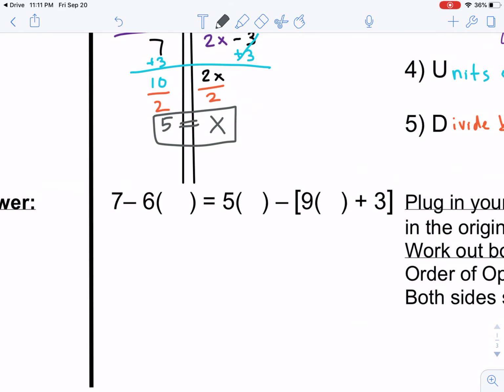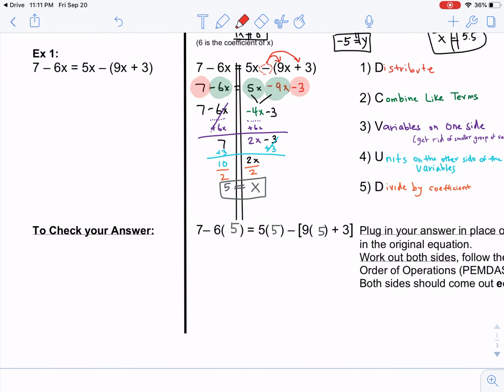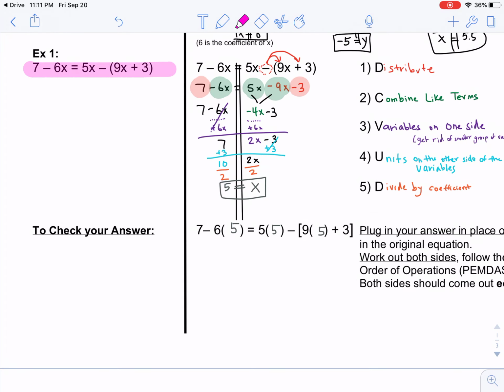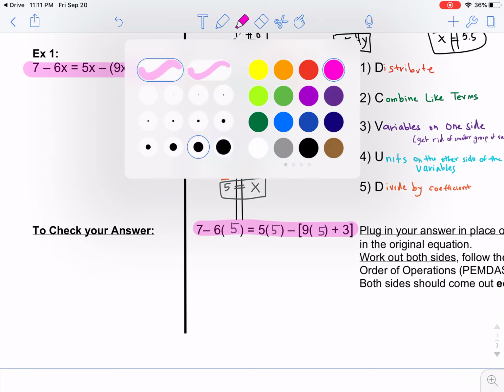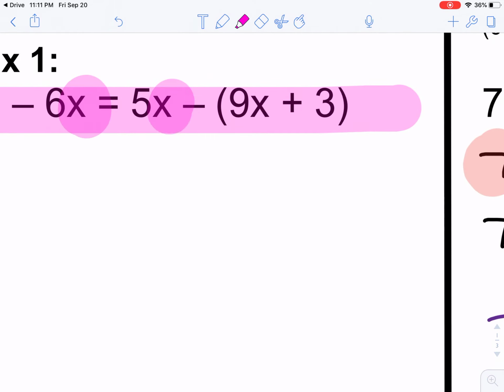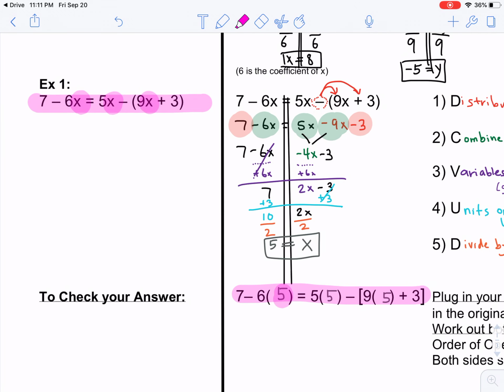Okay, so if we go ahead and put 5 in for x, I want you to notice that this problem right here and this problem right here are identical, except the fact that the x values are replaced with 5.